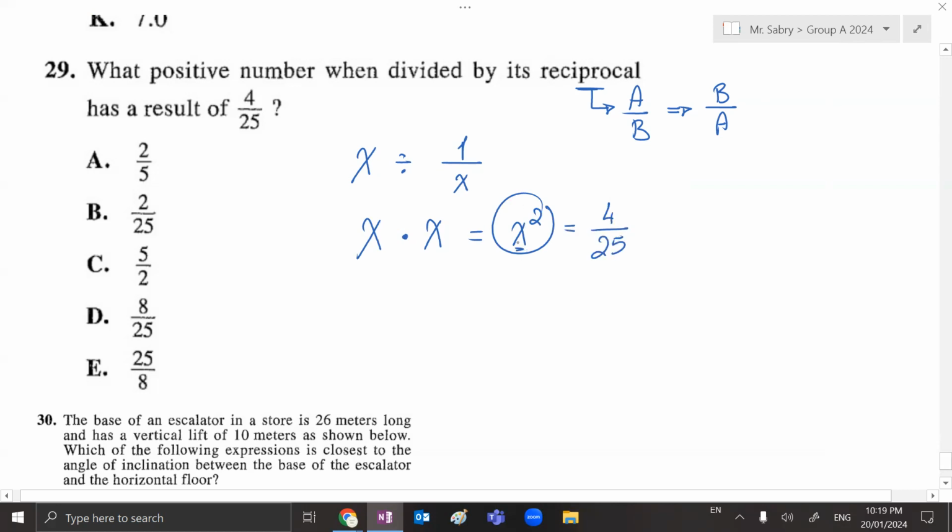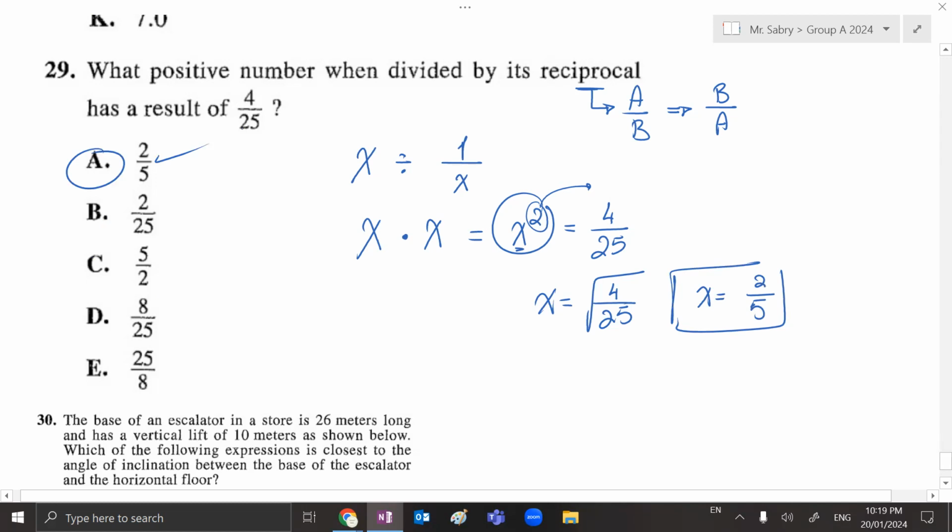So how do I find x? I'll put the power 2 on the other side as a square root. So the square root of 4 over 25 gives me 2 over 5 as the answer. Does that make sense? Yes.